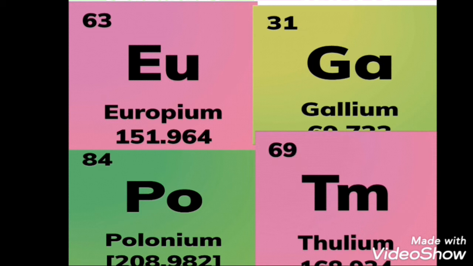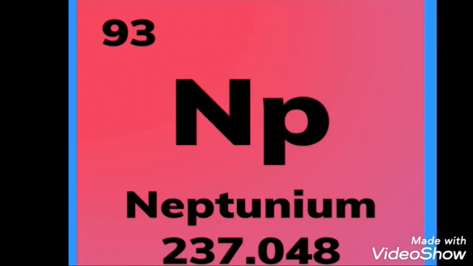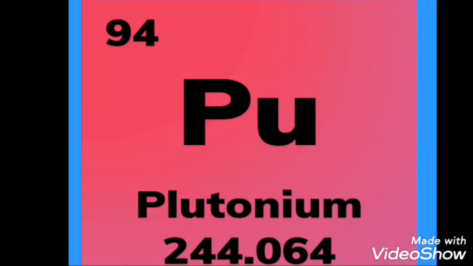Thulium, Thule, is a place in Iceland or Greenland. Some elements are named after the celestial bodies or planets. Uranium, named after Uranus. Neptunium, named after Neptune. Plutonium, named after Pluto.